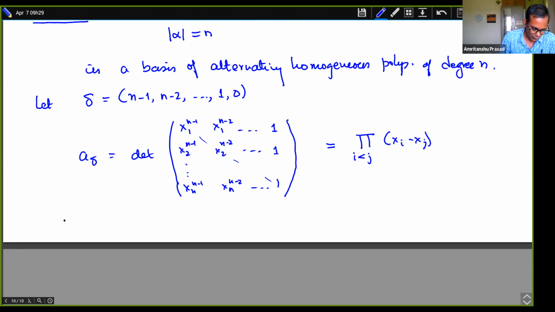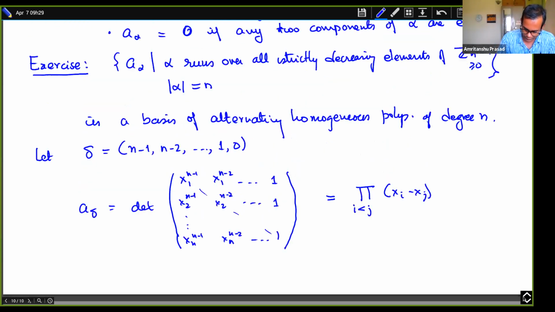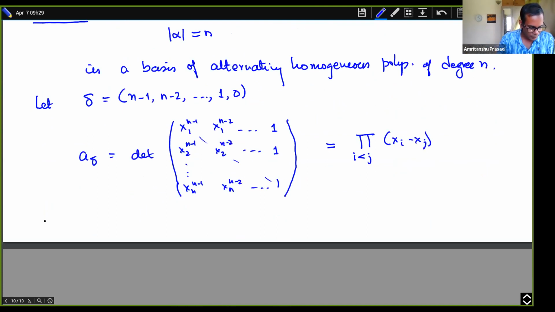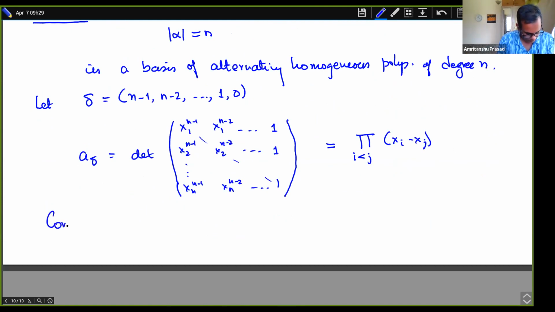Okay, so now we saw that this determinant vanishes when two components of alpha are equal. One way to make sure that no two parts of a vector are equal is to consider alpha equals lambda plus delta, where lambda is a partition, so it's weakly decreasing.